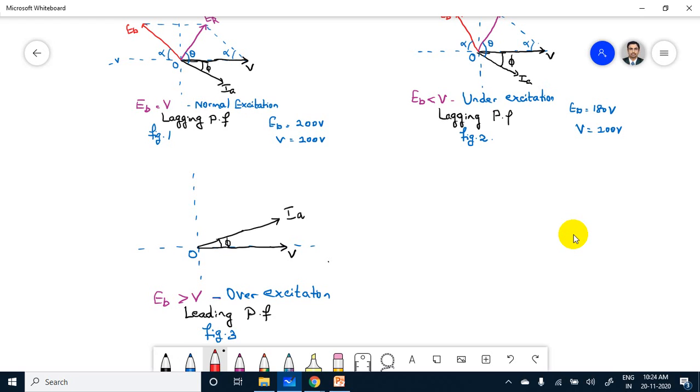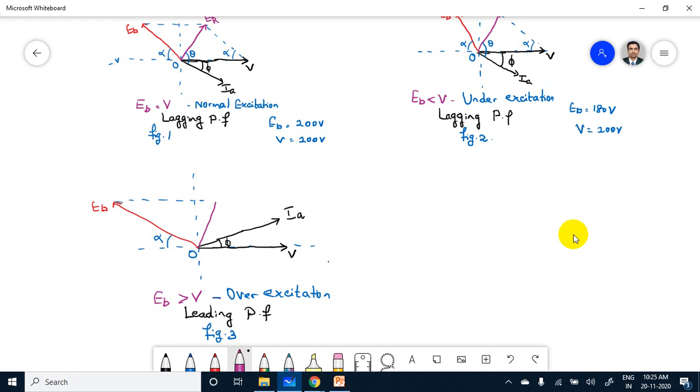Now you have to draw the EB value. Here the EB value will be very high, which is a very higher value. The angle is alpha. Now join. See, all the lines should be horizontal.